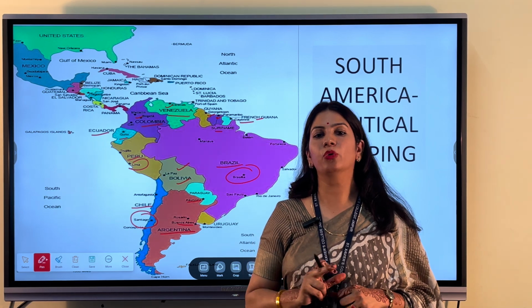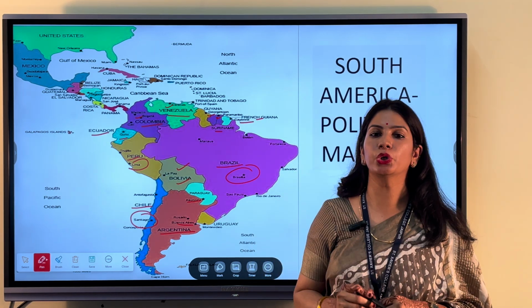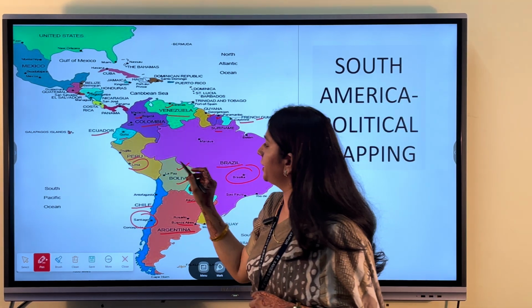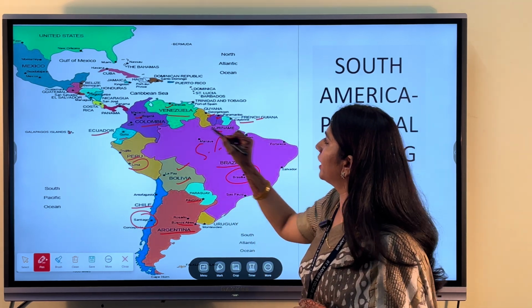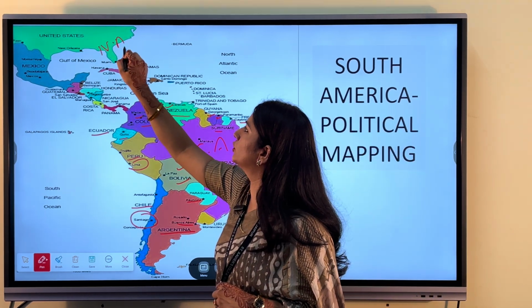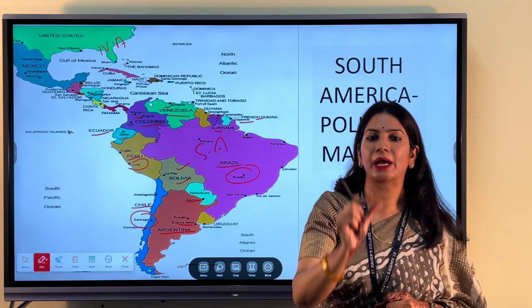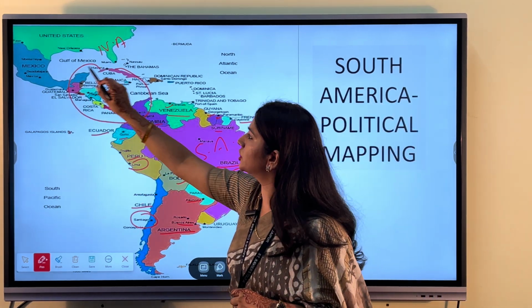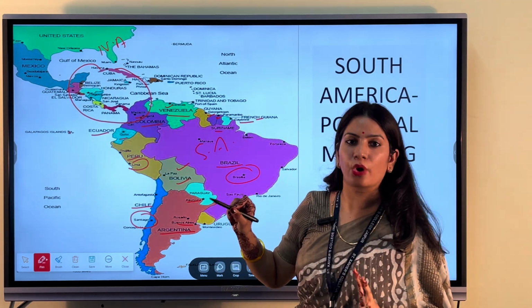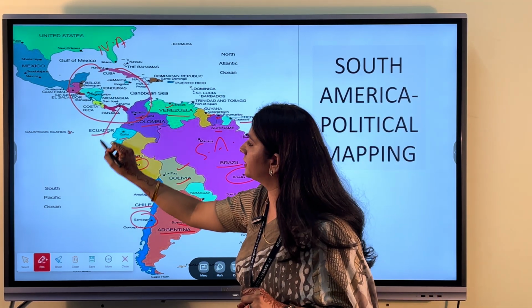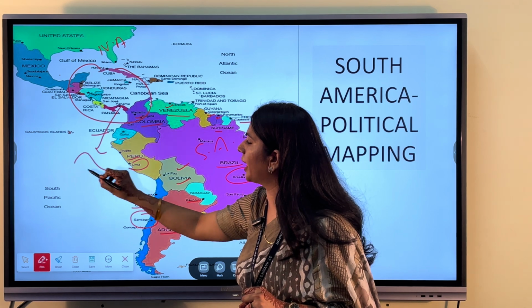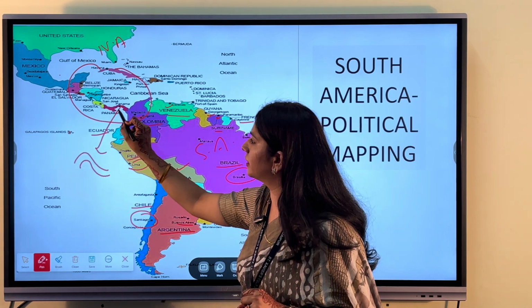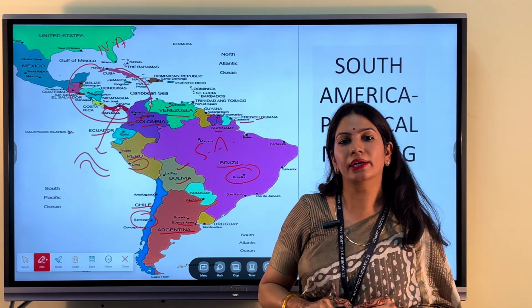Other than that, one more important thing which you should know here is the continent of South America is connected to the continent of North America with a very narrow passage of land. You can see here, these Central American nations are connecting the bigger two continents, and specifically this part, a narrow strip of land, is territorially called Panama.